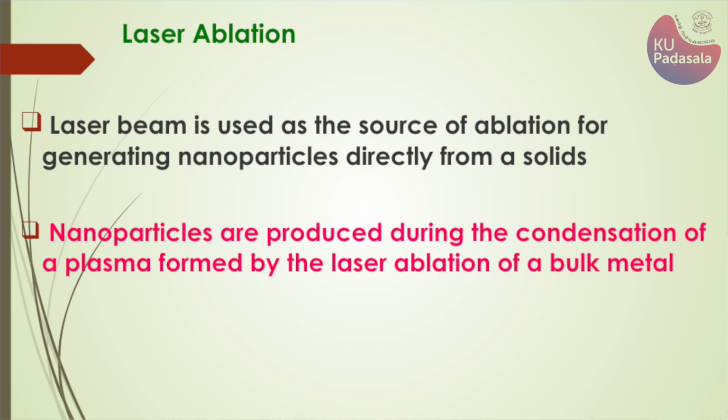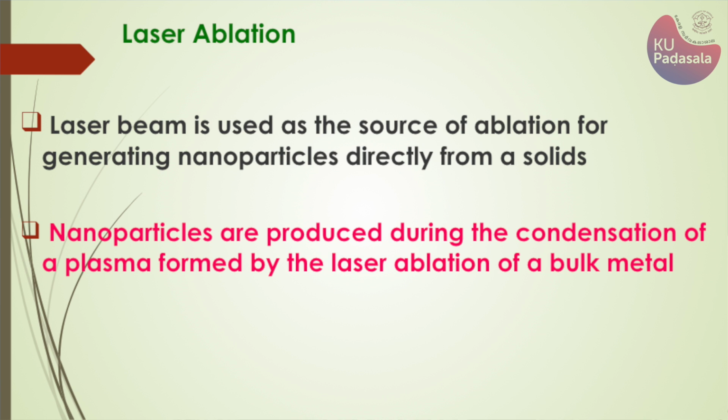Now laser ablation. This is one of the recent and very important methods that belongs to top-down category of nanomaterial synthesis. Laser beam is here used as a source of ablation for generating nanoparticles directly from solids.